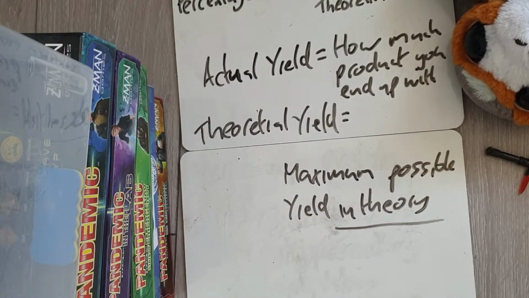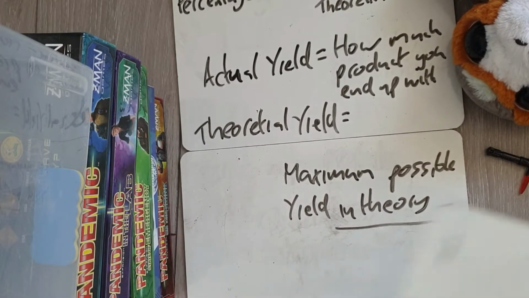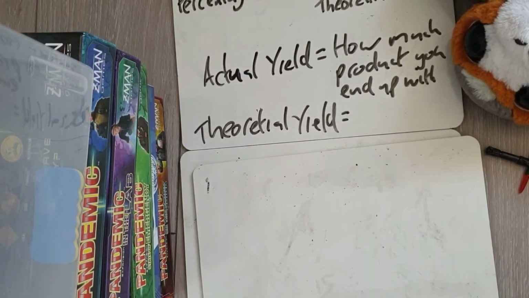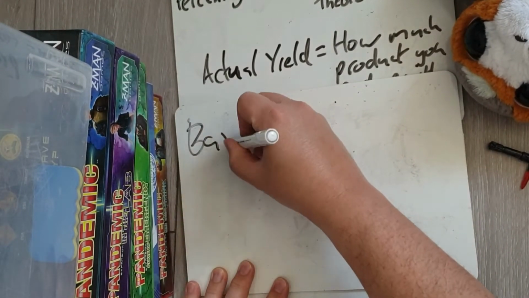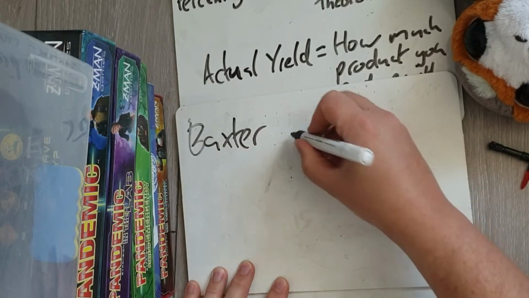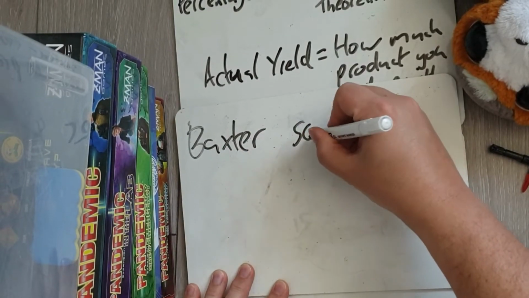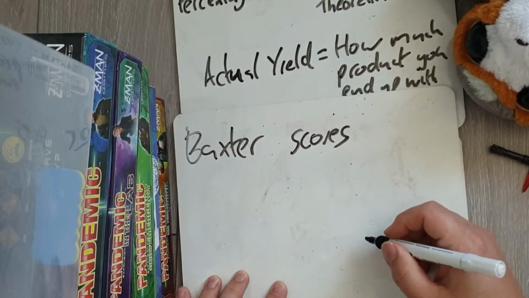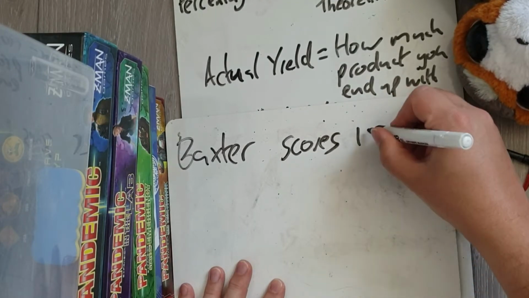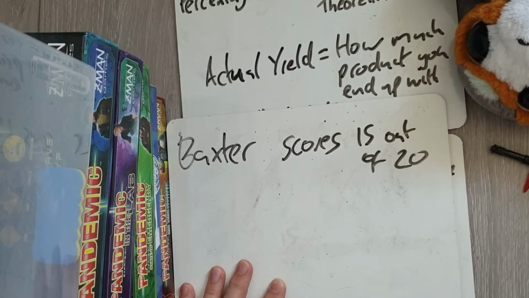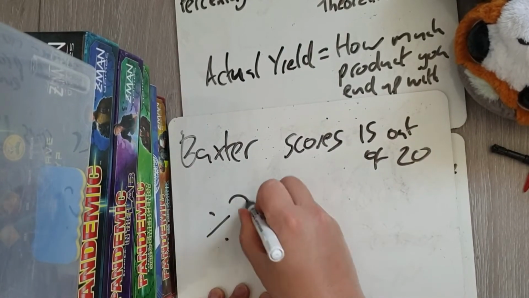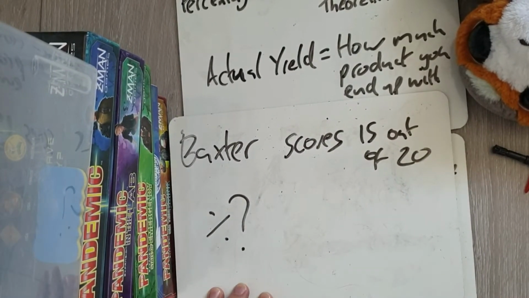As an example, it's just like working out percentages like you do in maths, right? So if we said Baxter takes a test, and Baxter scores 15 out of 20. What's his percentage? Well, what do you do?